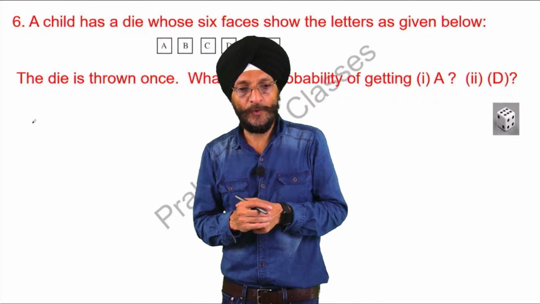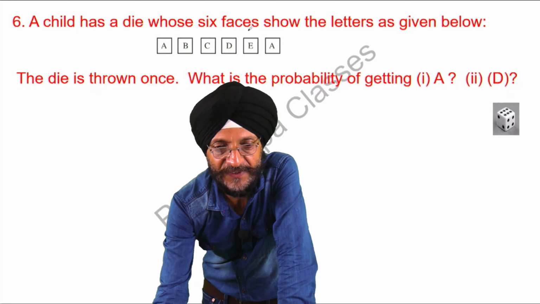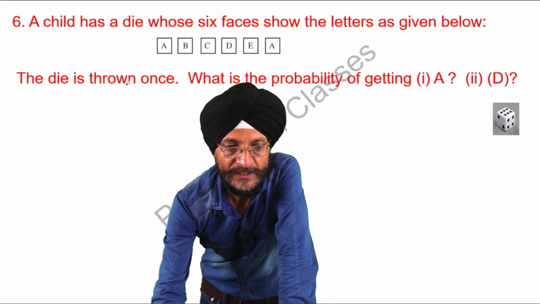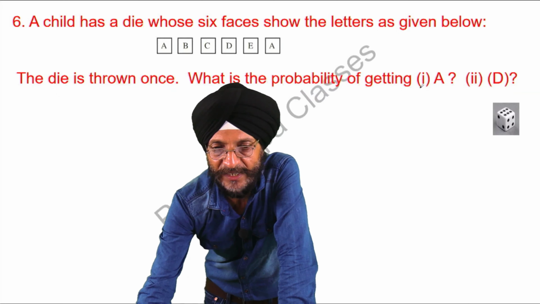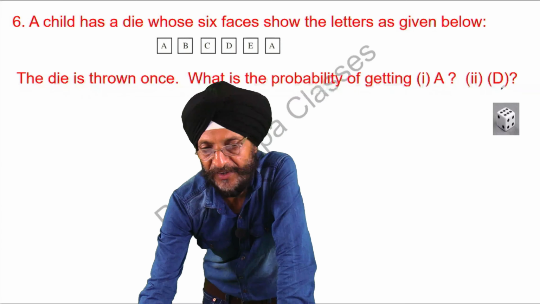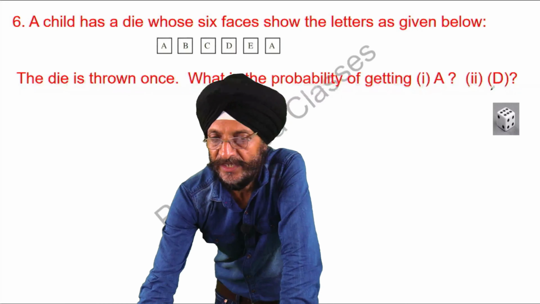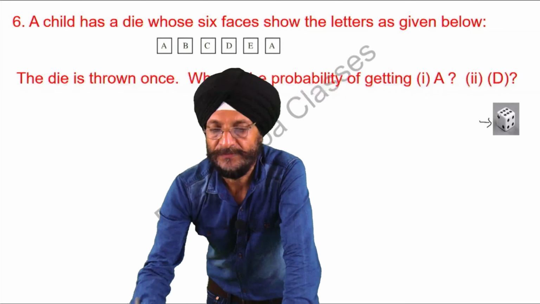Now the question before us is: a child has a die whose 6 faces show the letters as given below. The die is thrown once. What is the probability of getting A and D? What is the meaning of die?